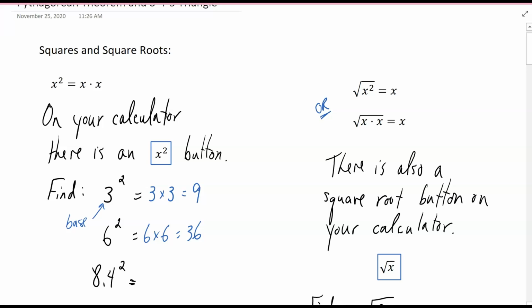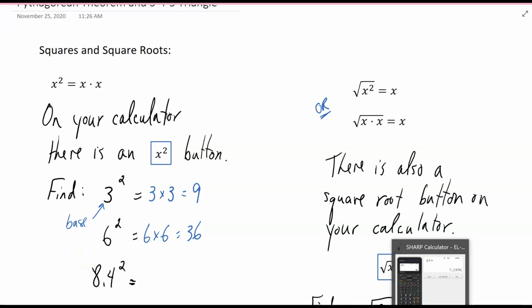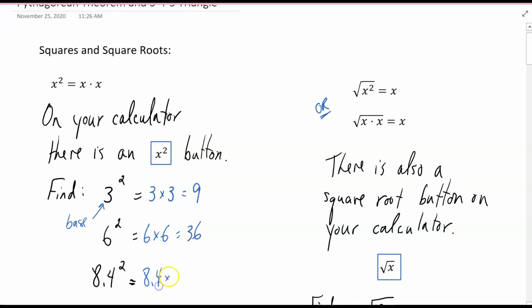And we want to recognize that it's not always just integers that we're squaring. Sometimes we're squaring decimal values as well. And so this can also be done exactly the same way with the calculator. So try to find 8.4 squared, which is 8.4 times 8.4, but use your square key.